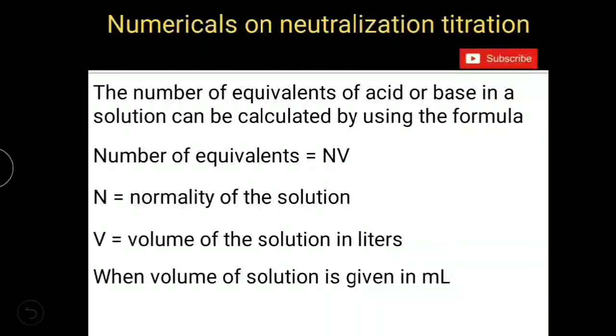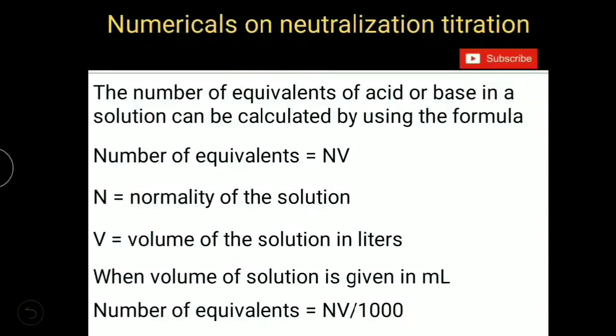If the volume of the solution is given in milliliters instead of liters, then the formula is modified to NV by 1000. If the volume is given in milliliters, the formula to find the number of equivalents is NV by 1000.